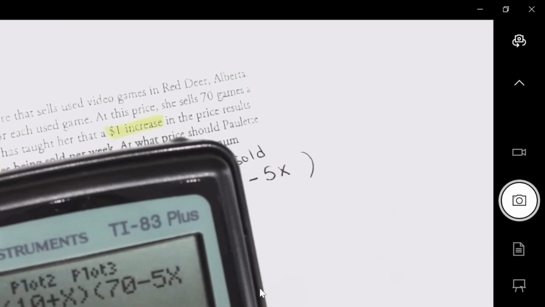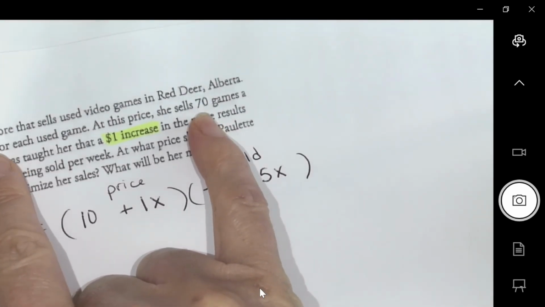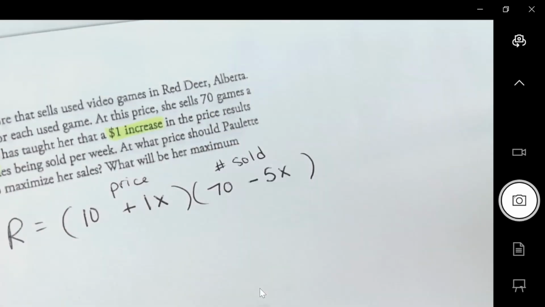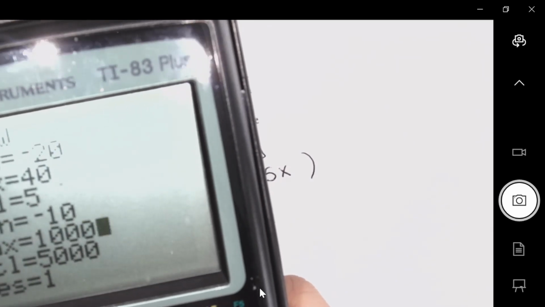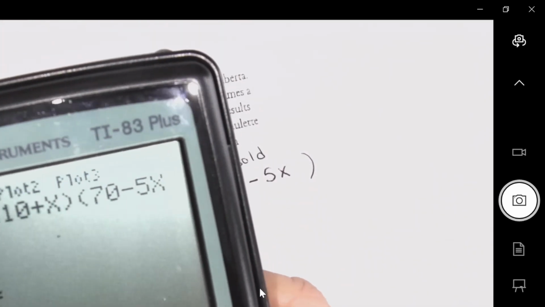Okay, revenue on the Y. What do we have right now? $10 times 70 games is what? 700. So should we try 1,000 for a Y window? I'm so confused. Mine is just going straight up and down. Which means you typed something in wrong.